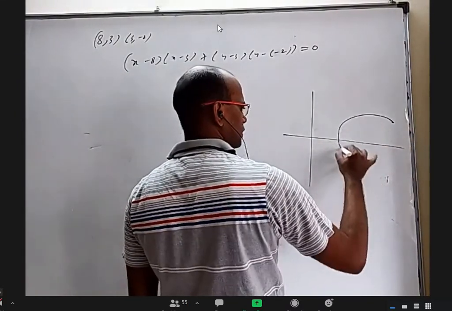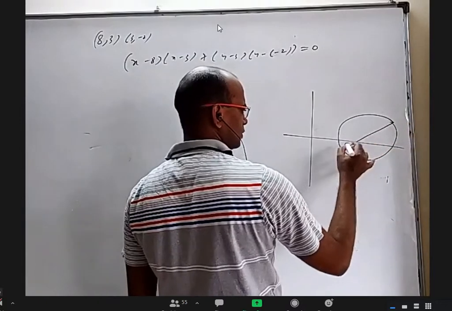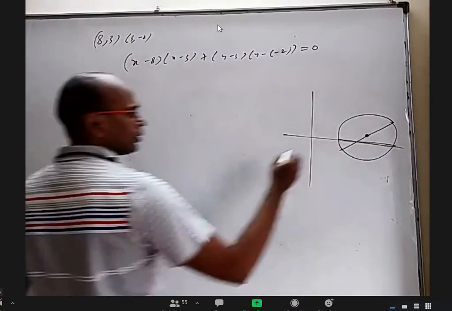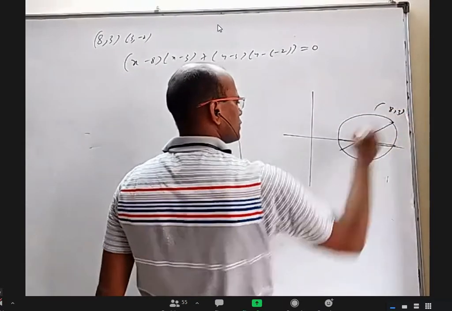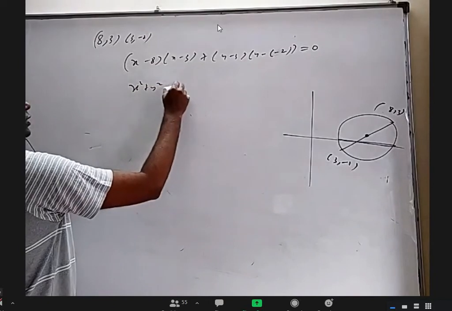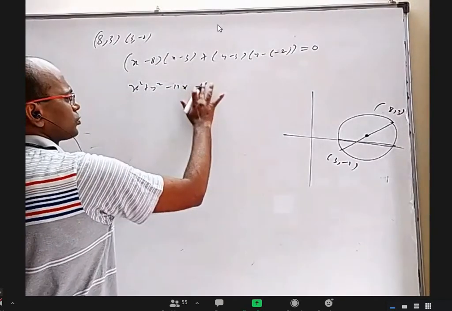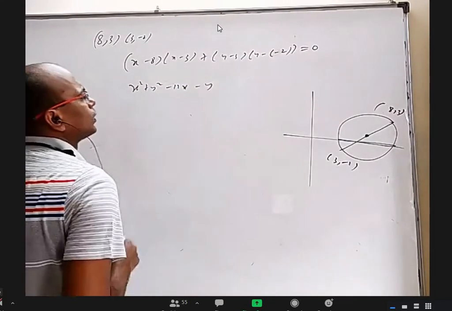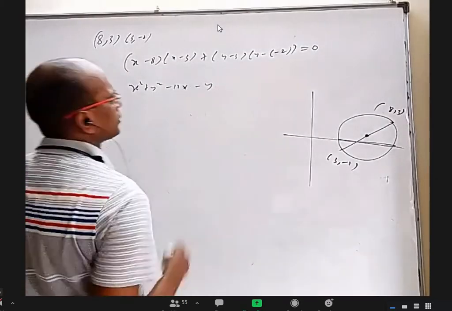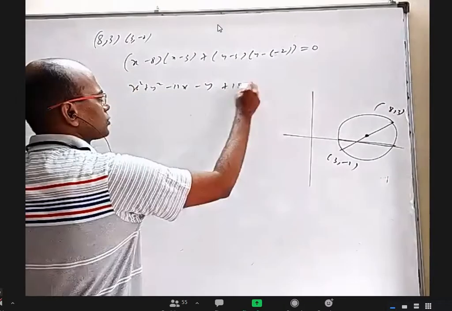So some circle like this where this is the diameter and they wanted this length. x square plus y square minus 11x minus y minus 18 equal to 0.